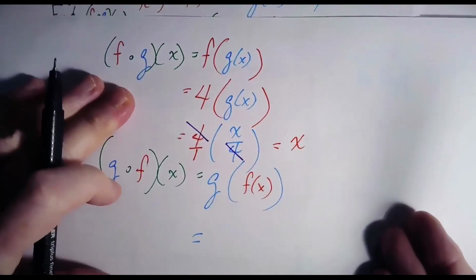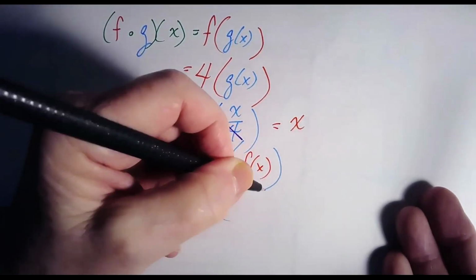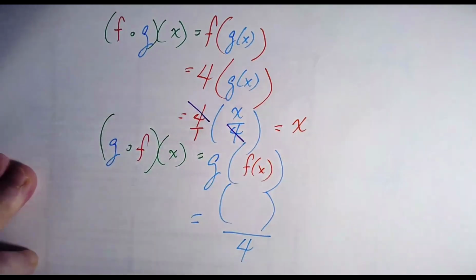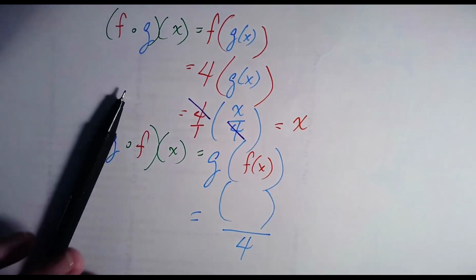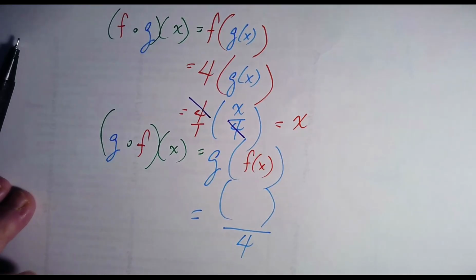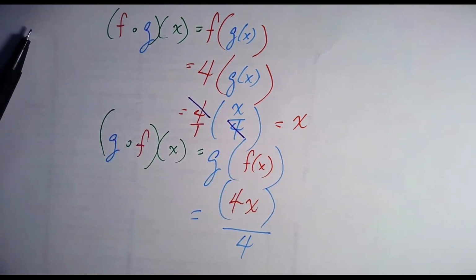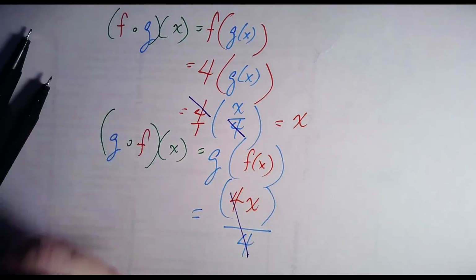g was x over 4, but instead of x, I'm going to put a big parentheses over 4. And what's going to go in the parentheses? 4x. Beautiful. Can we reduce? Cancel the fours. Yeah.